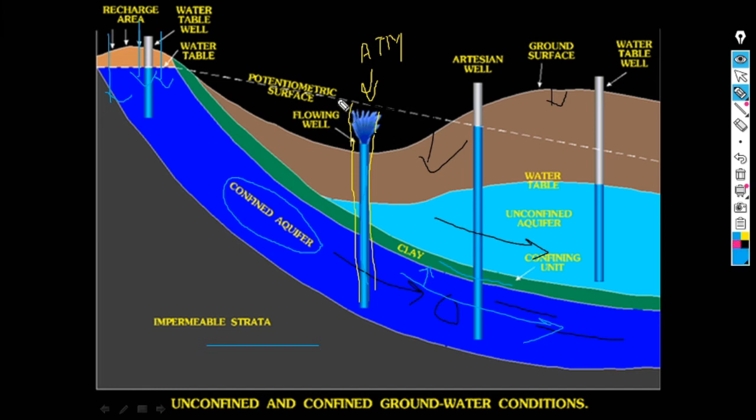Okay, this portion, this imaginary surface is the surface where water from this confined aquifer is coming in equilibrium with the atmospheric pressure, and this imaginary surface is nothing but your piezometric surface or potentiometric surface.